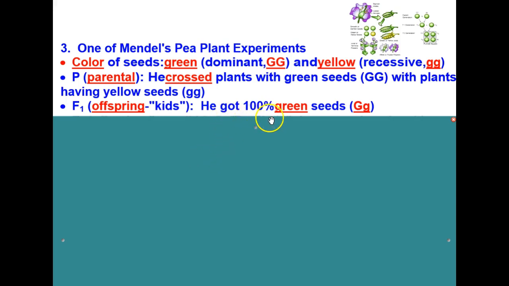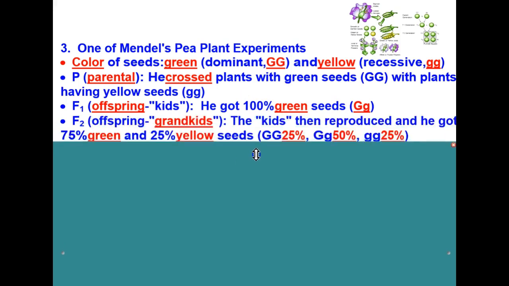He got 100% green seeds. They all showed the dominant trait. Green being the phenotype, and the genotype would be that you got one big G from one plant and the little g recessive trait from the other plant. And so combining those, your genotype would be heterozygous dominant, big G, little g. Well, dominant trait always overrides recessive trait, so they all showed the green color.